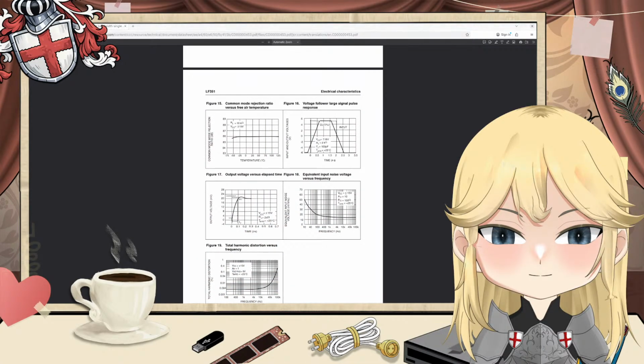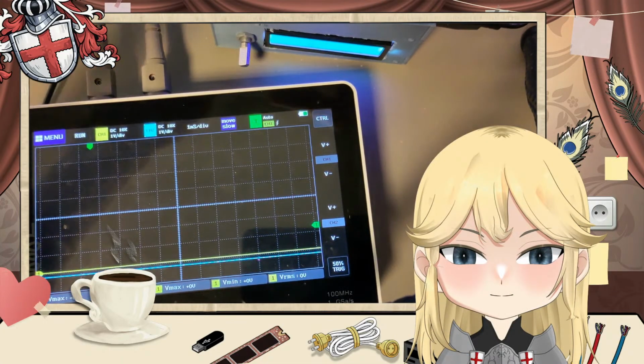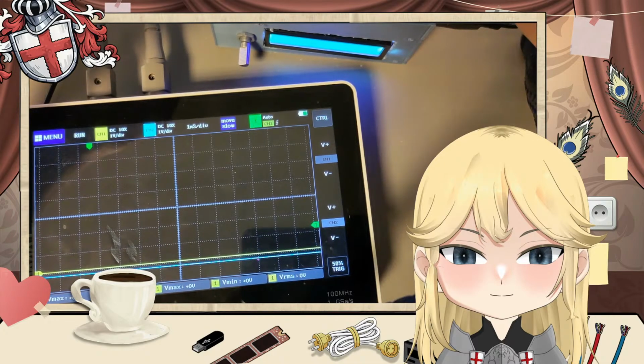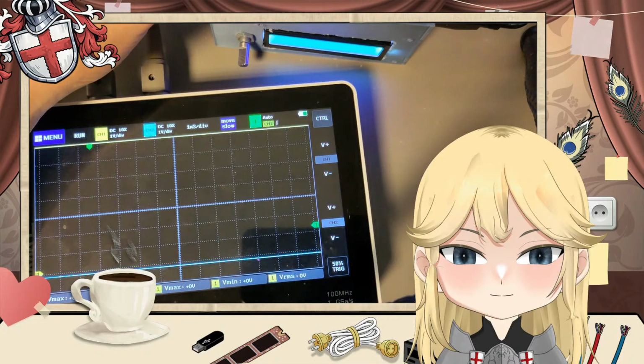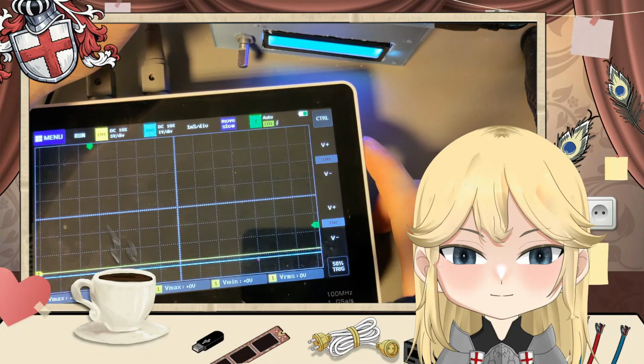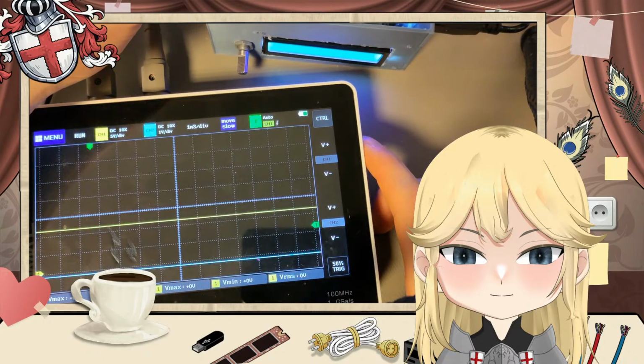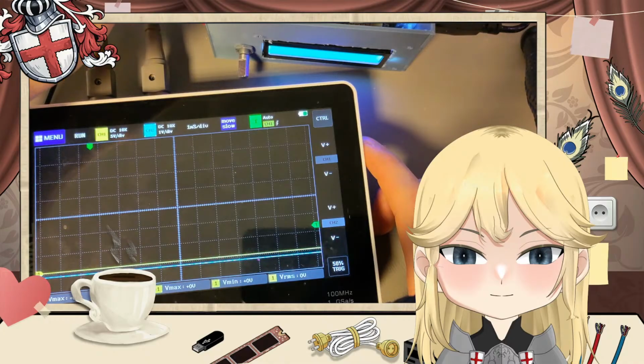Because for some reason, when we take a look at our 12 volt output, which should be modulated from our sine wave, it is simply 12 volts constant, which, I mean, not what I wanted.